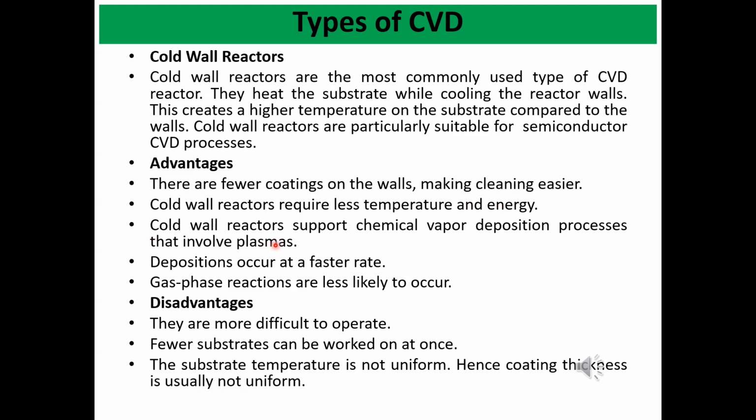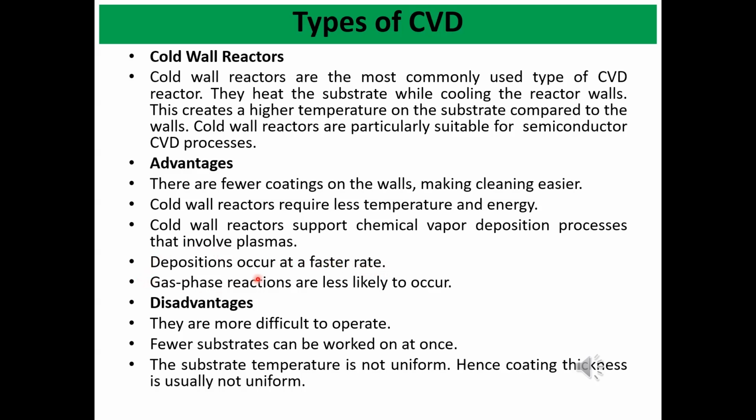Cold walled reactors can be used for chemical vapor deposition processes that involve plasmas. So in case of cold walled reactors, we can use plasmas as a heating source as well. Depositions occur at a faster rate. It means in case of cold wall reactors, we may obtain thin films in a shorter time.